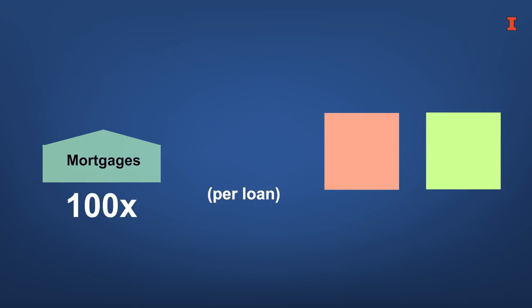Now consider a pool of 100 of these mortgages. Let's again assume that each customer has a probability of default of 2%. Let's assume these borrowers all live in different parts of the country. This means that they are unlikely to all default at the same time. So, what is the risk of default in this pool of 100 loans?